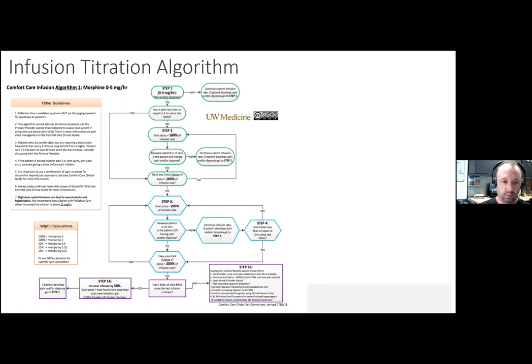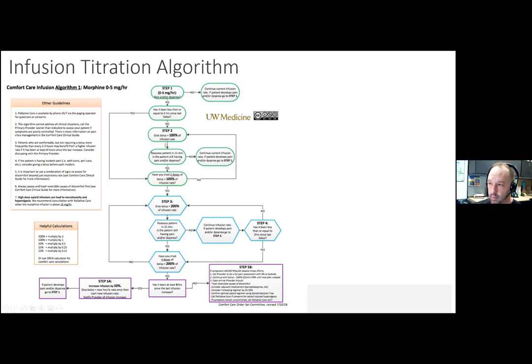So I'm not going to go through this whole algorithm today, actually, because it's going to vary a little bit from institution to institution. So for those of you not practicing here at University of Washington, we won't go through it in detail, but a couple of really important key points or principles to look at.